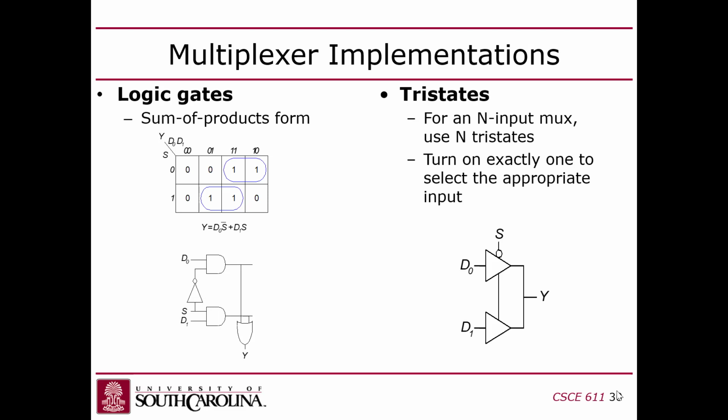D0 and D1 are both potentially shorted to Y, but they both go through tri-states, and S comes in, and there's a bubble on this tri-state, not on this one, so these tri-states become mutually exclusive. If S is 0, I activate the first one and not the second one, and if S is 1, I activate the second one and not the first one, right? These are 2 different approaches for building muxes.